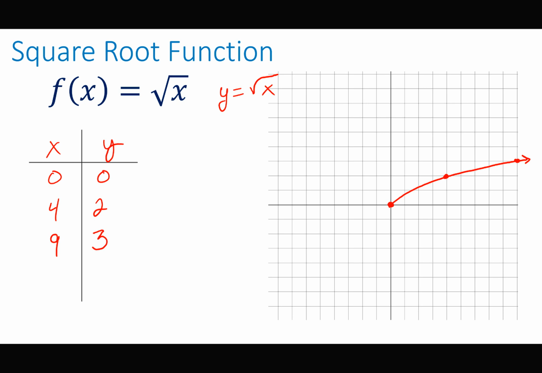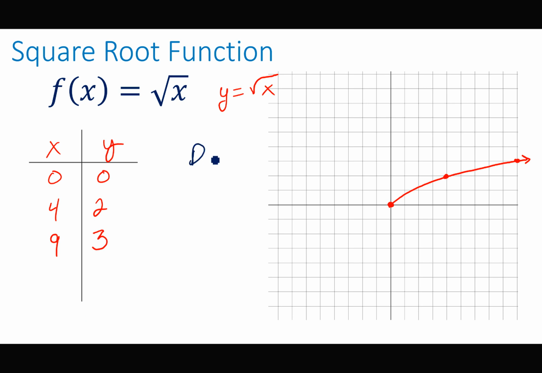So we should know square roots are always going to be in that first quadrant. We can't have any negatives that are going to go left of the y-axis, so that rules out these 2 quadrants. And we're never going to get an answer that is negative, so we're never going to be in this 4th quadrant. So it's always going to be in this first quadrant, but it keeps going on to the right.